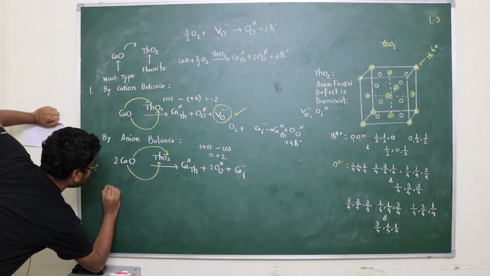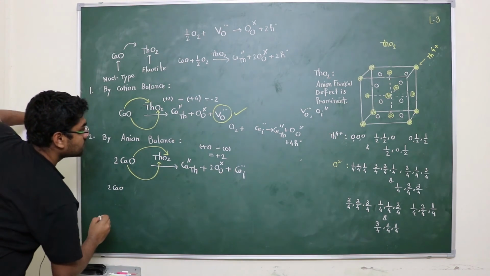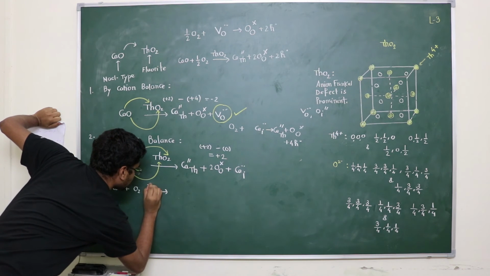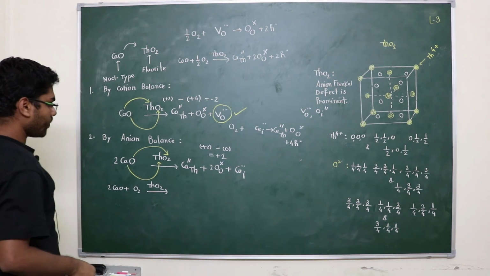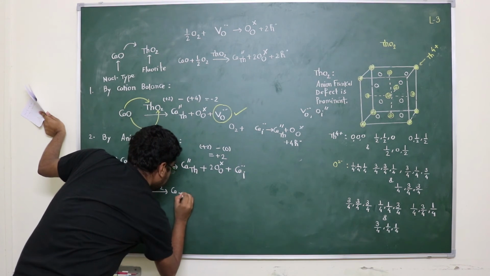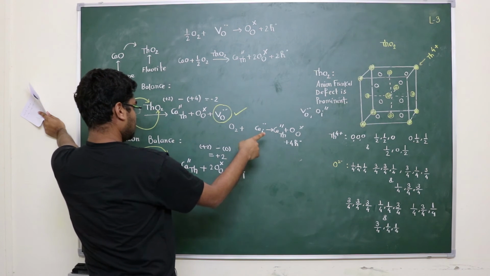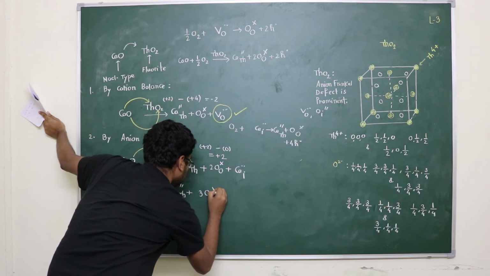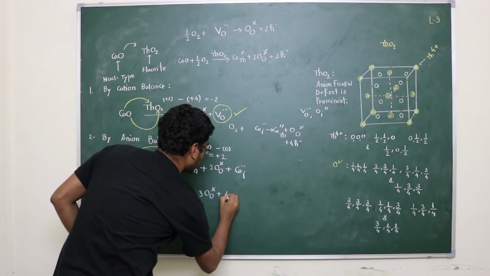So 2CaO, the overall defect reaction: 2CaO plus O2, TiO2, gives calcium at Ti site plus three oxygen interstitial positions plus 4 holes.